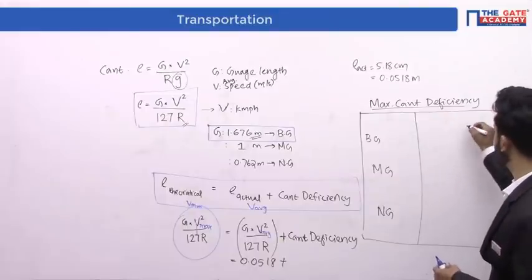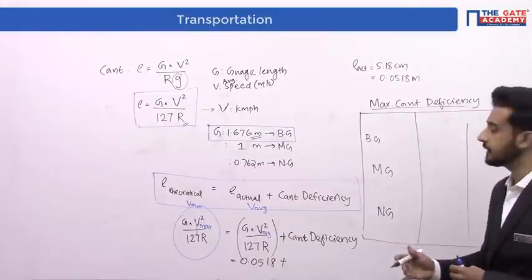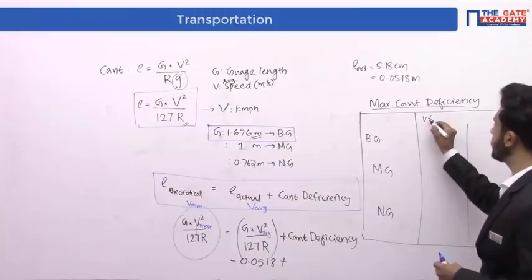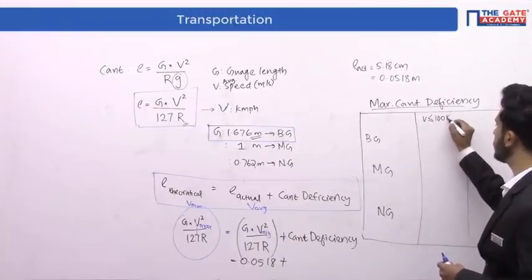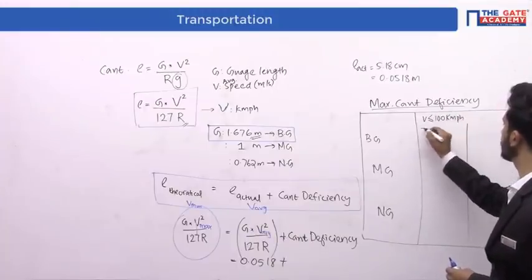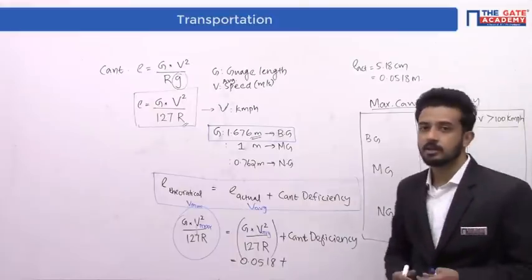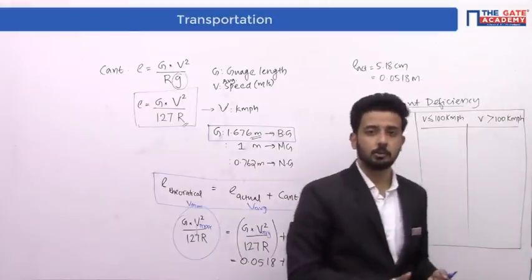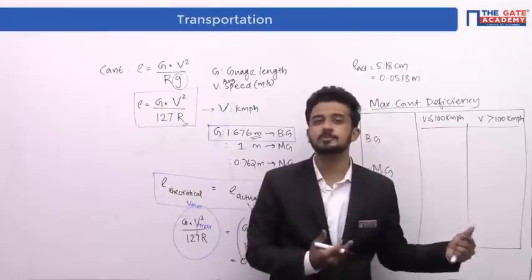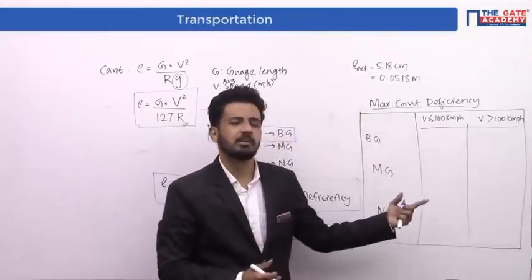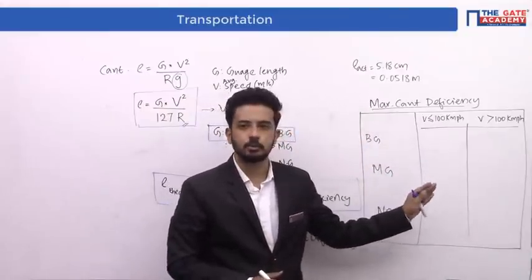So here also we have two categories: speed less than or equal to 100 km per hour, and speed greater than 100 km per hour. Speed greater than 100 km per hour means it is a high speed track. So generally they will not ask that, but still I will give you the value.